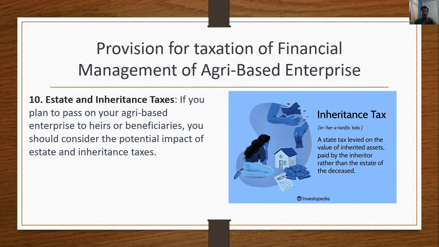We need to understand that inheritance tax is a state tax levied on the value of inherited assets, paid by the inheritor rather than the estate of the deceased. If you plan to pass on your agri-based enterprise to your heirs or beneficiaries, you should consider the potential impact of estate and inheritance taxes.